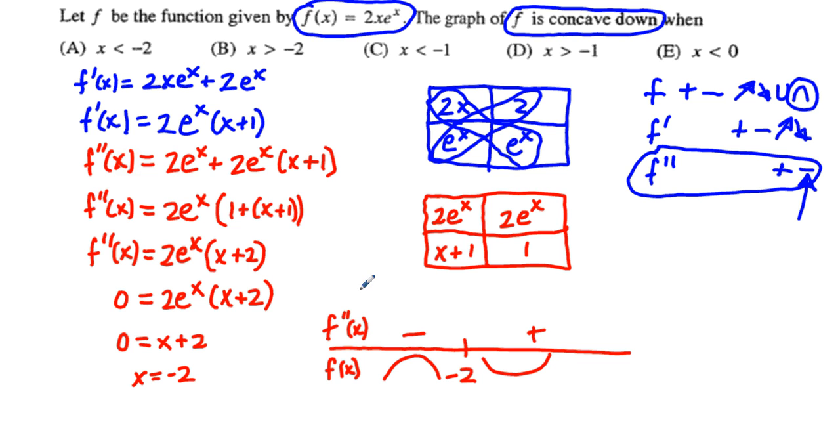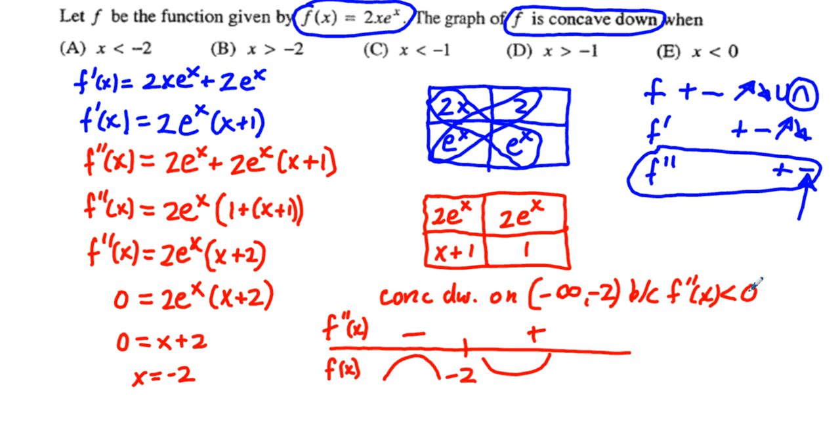So our answer is going to be concave down on negative infinity to negative 2, because f double prime of x is negative or less than 0. And so our correct answer is going to be A.